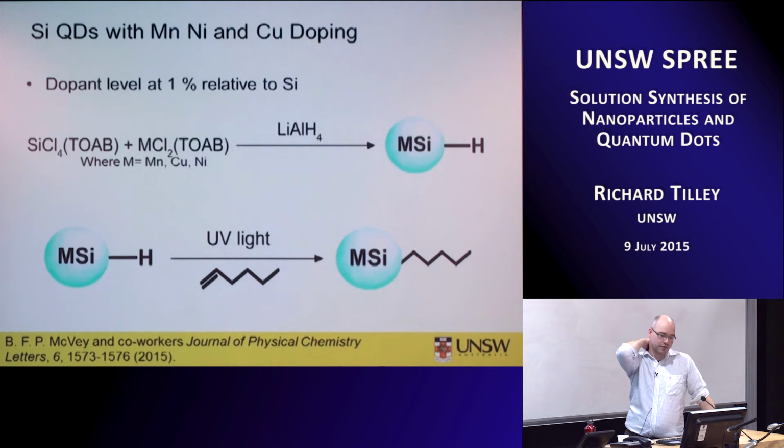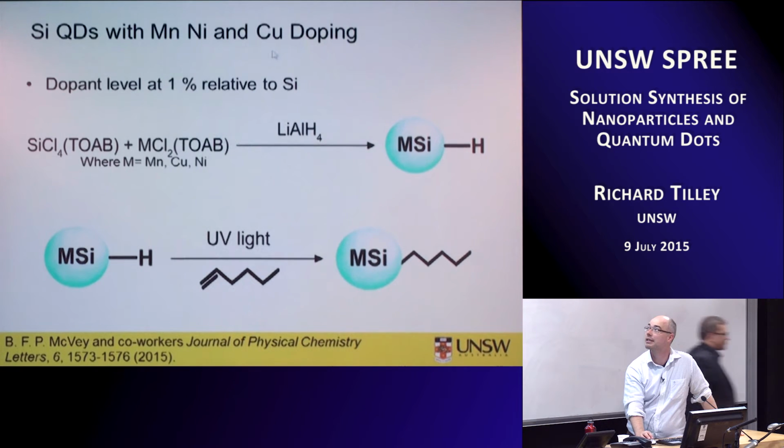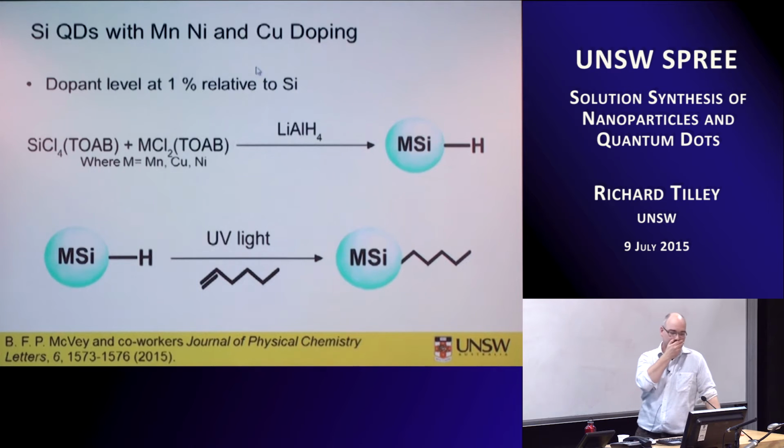And this is more recent work that we published a couple of months ago. This is Ben McVeigh's work. Again, we were trying to see if we could tune some of the emission from the dots. This time we were trying to put in some different metals, trying to tune the optical properties by putting in some transition metals.